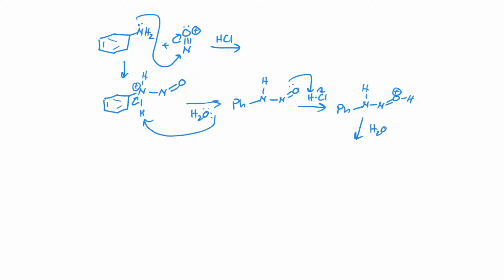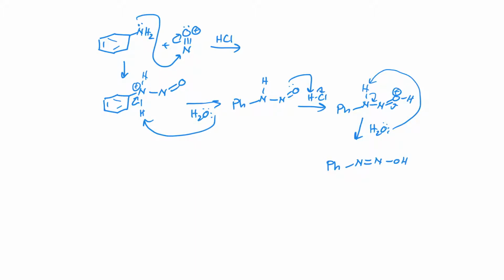I'm going to use water again for that. You can see that 3-arrow push. I'm creating an NN pi bond. I'm removing the pi bond between the N and the O, and I'm relieving the cation on the oxygen here. So now I have a pi bond between the two ends, and I have an OH here.